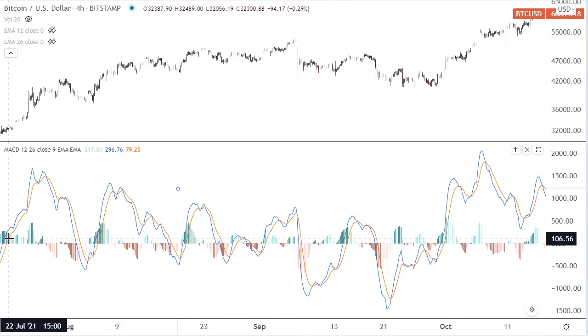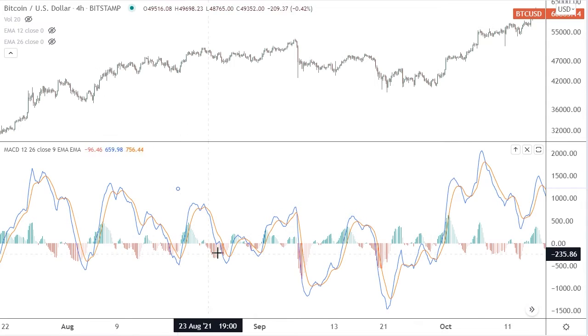So you'll notice right here, the blue line is above the orange line, and therefore the histogram is above 0. And when the blue line falls below the orange line, the histogram falls below 0. So the histogram is simply the difference between the two lines.